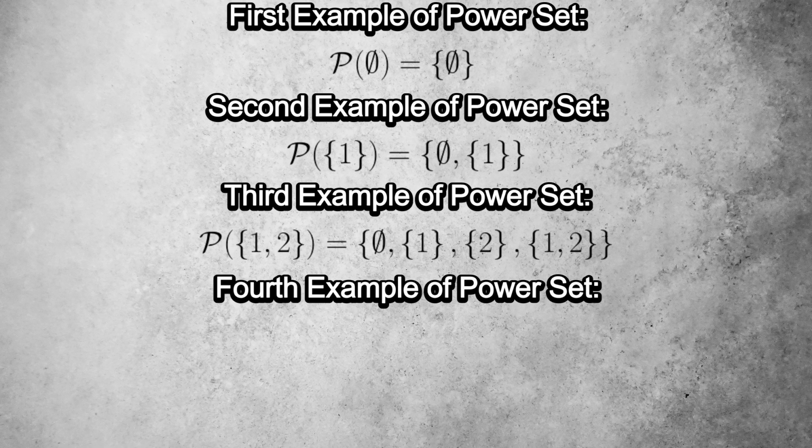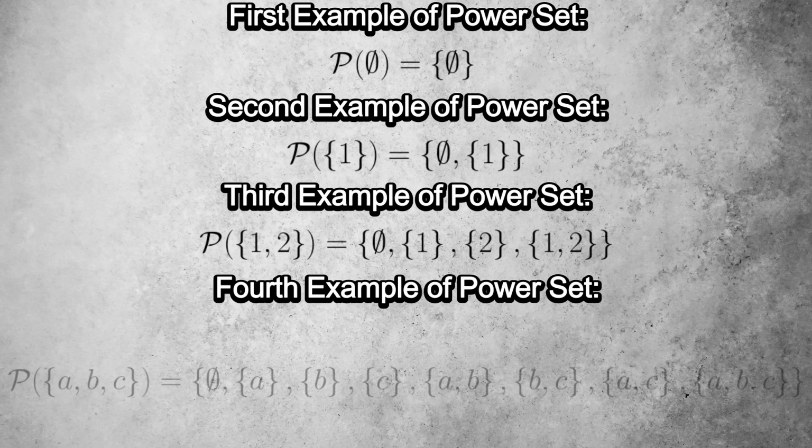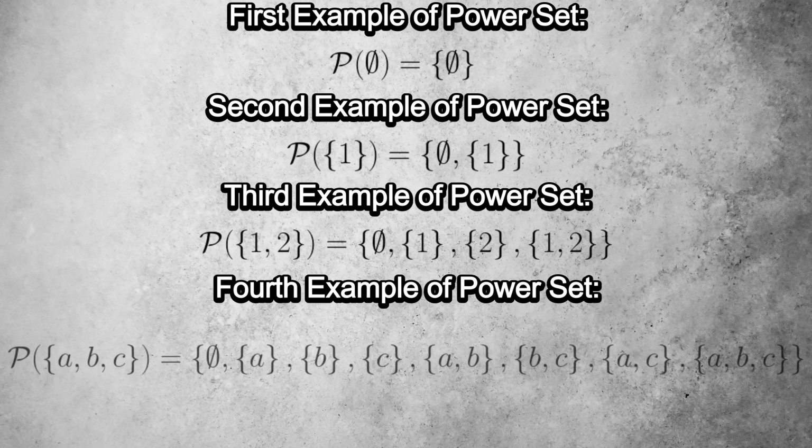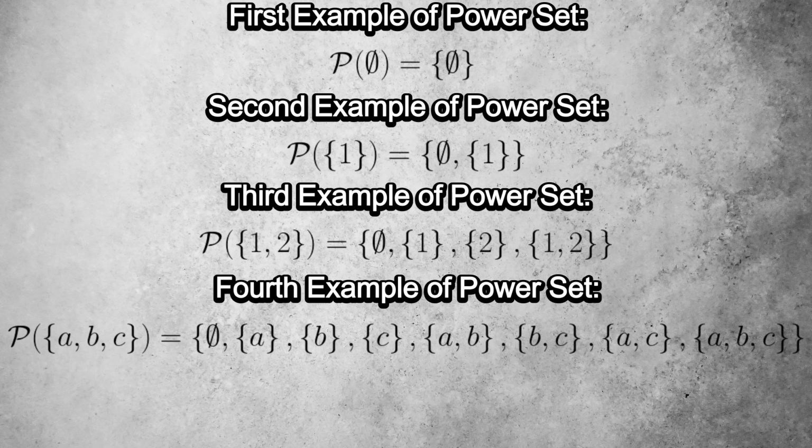In this case, we are going to consider a set A with 3 elements, a, b, and c. And the power set of this set is made of all of the subsets of this set, which are the empty set, the set which contains the letter c, the set that contains the letter b, the set that contains the letter a.